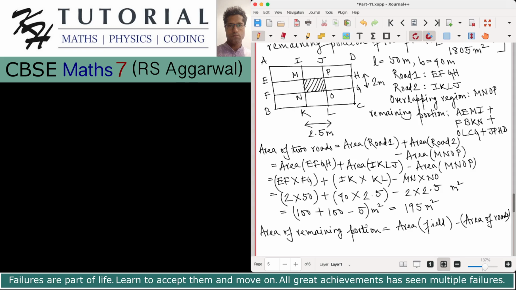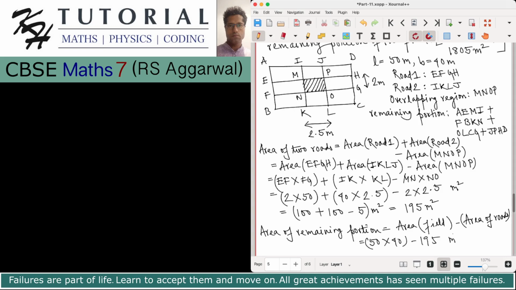So inside the rectangular field, we are having two roads crossing. They are running parallel to the length and breadth. So definitely the area of the remaining portion of the field will be nothing but the area of the whole field minus the area of the two roads. So what is the area of the field? It is L into B, that is 50 multiplied by 40. And the area of the road we already know is 195.